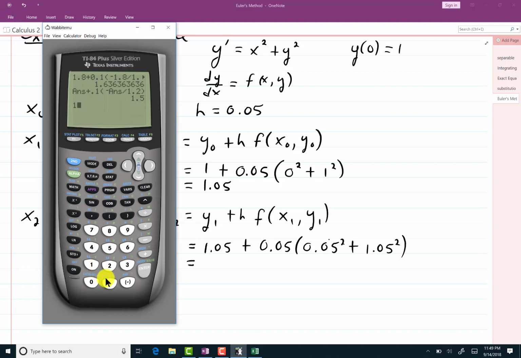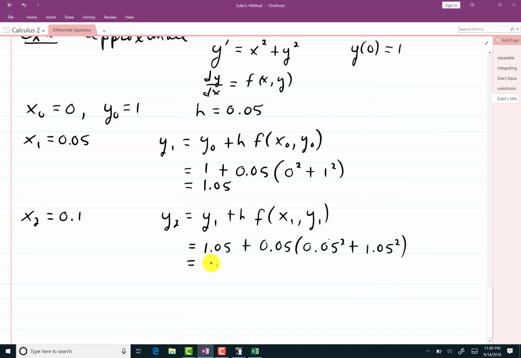We have 1.05 plus 0.05 times (0 squared plus 1.05 squared), and that gives me 1.10525. And so you get the idea.